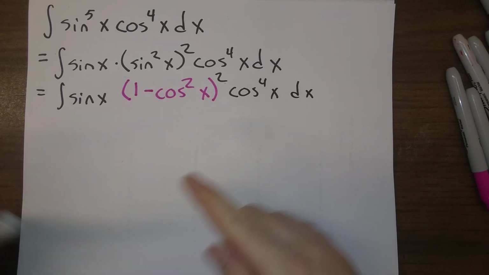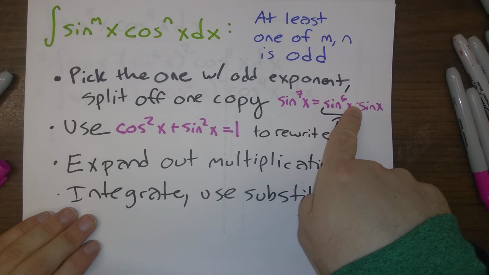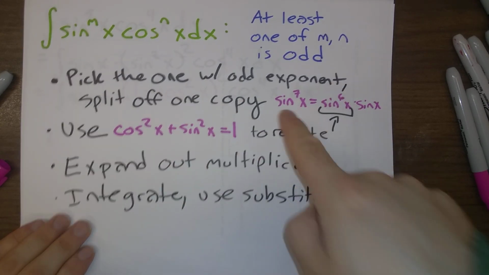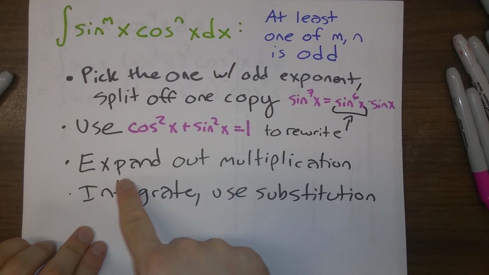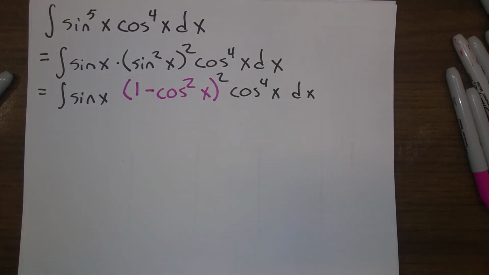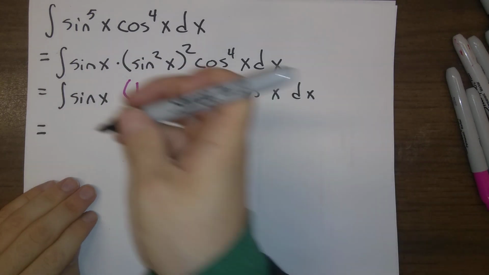So first, we split off one copy, and then we used this identity to rewrite that term. Our next step is to expand out the multiplication and integrate, and we'll have to use substitution when we integrate.